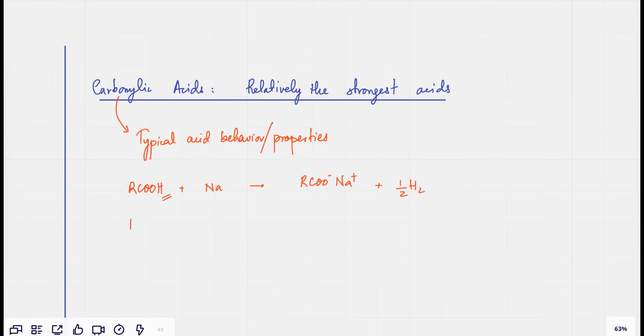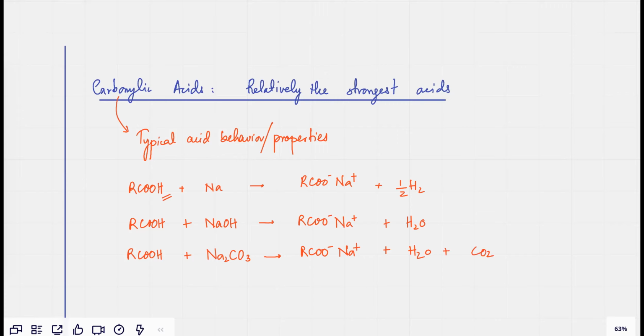It's also going to react with your bases, like NaOH. So RCO minus, Na plus salt would be produced, and a water molecule would be produced. It's also going to react with carbonates, like sodium carbonate, and a salt would be produced, a water molecule would be produced, and a carbon dioxide gas molecule would also be produced.